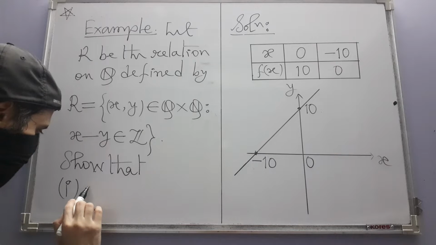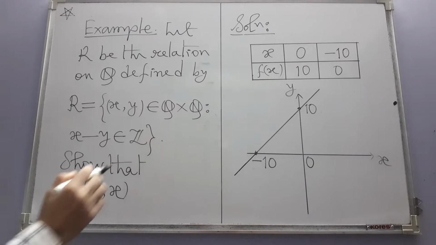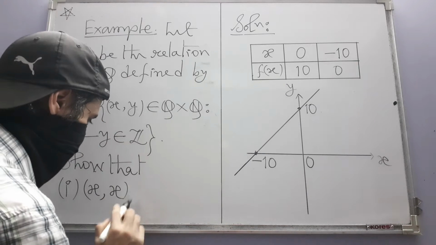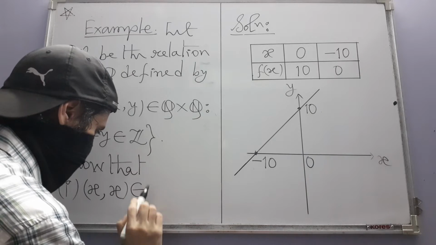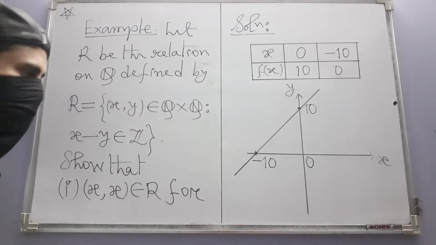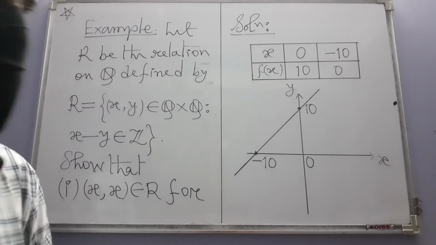The first one is, because I have written x comma y, so let me use x and y and z. This belongs to R for all rational numbers x.